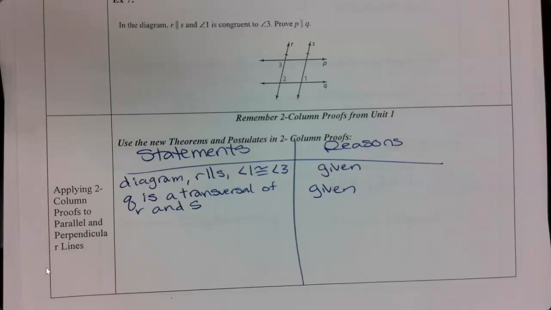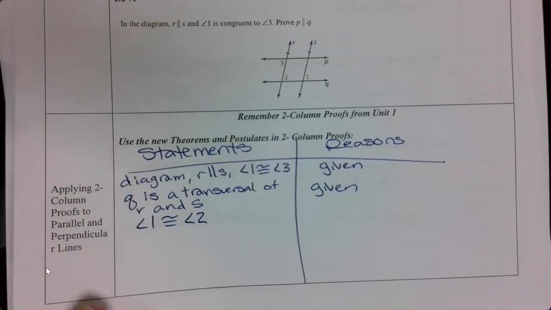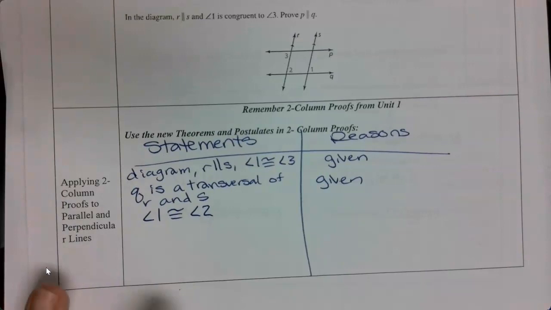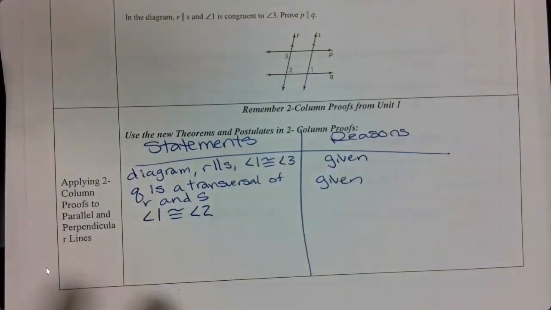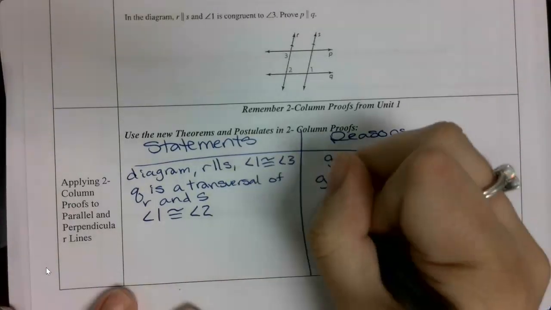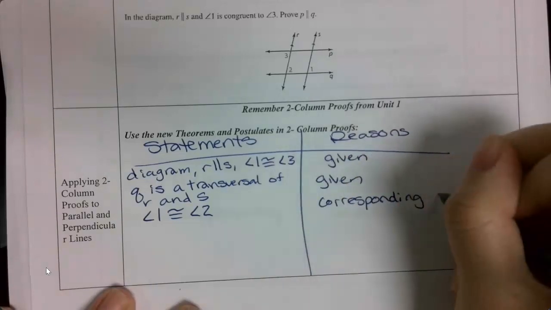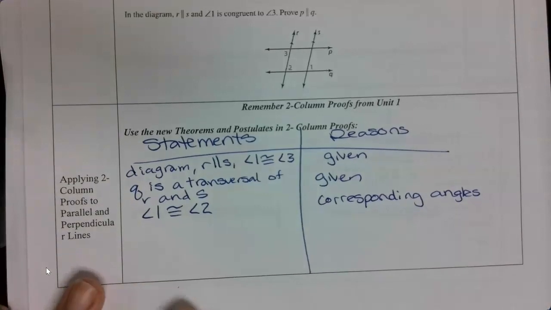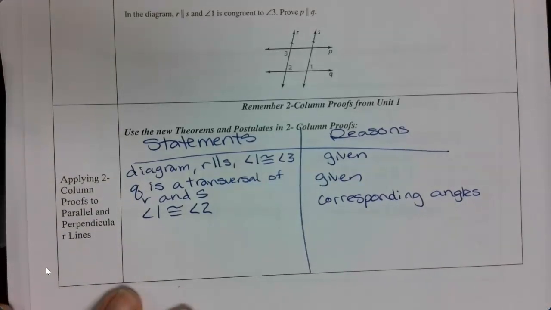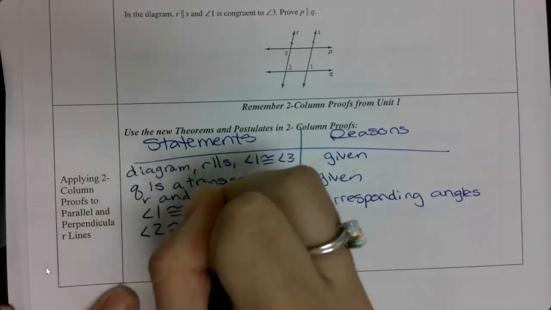Then the next thing I'm going to say is angle 1 is congruent to angle 2. What kind of angle pair is that? I'm looking at those two angles right there. Those are corresponding angles. So then I'm going to say angle 2 is congruent to angle 3.